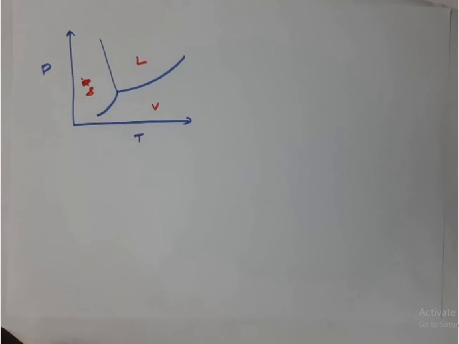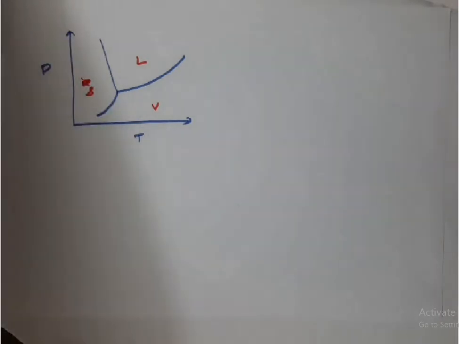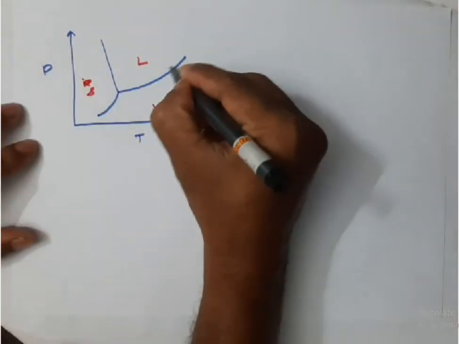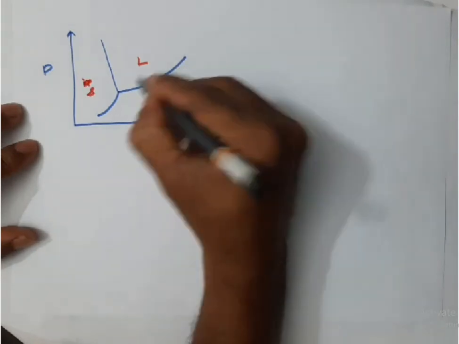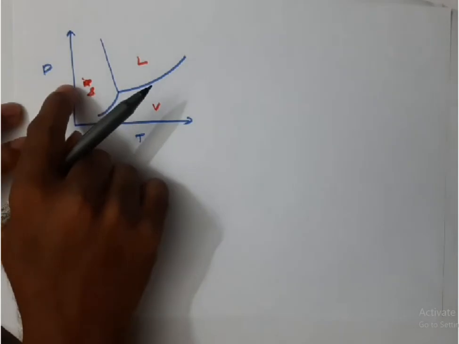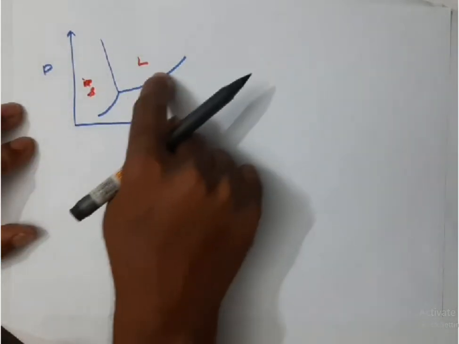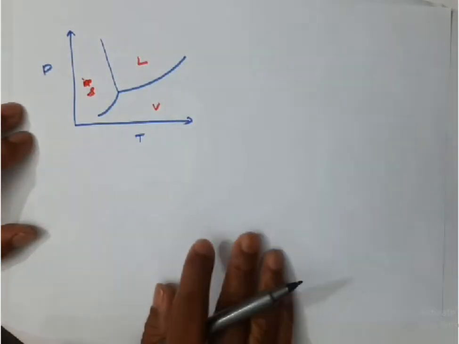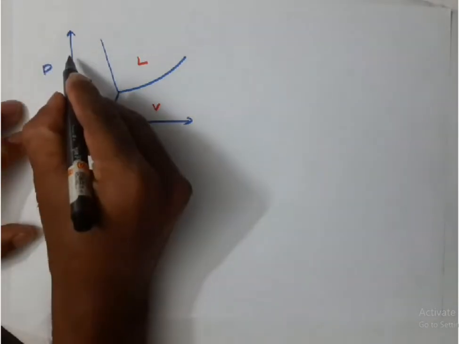You know very well, students, when you add a non-volatile solute, the vapor pressure of the solution will be less. Okay, so this is the boiling point curve. Students, observe carefully. As the external pressure increases, boiling point also increases, I have told you. Now, what is the normal boiling point?